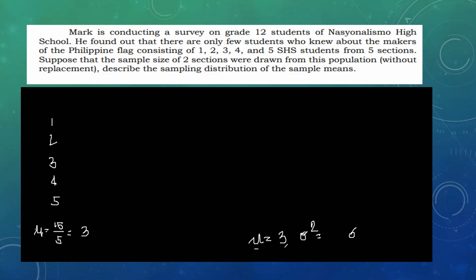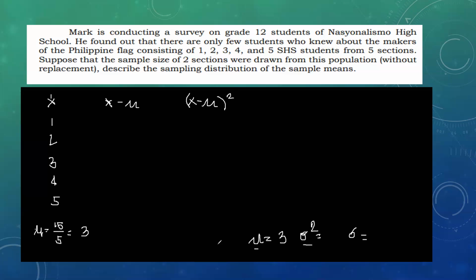Tandaan, ganyan po ang mean. We have this symbol for variance, and we have the symbol for standard deviation. In order to look for our standard deviation and variance, we have to follow that we have, this is x, definitely this is our x, then x minus mean, and then i-square natin, x minus mu squared.